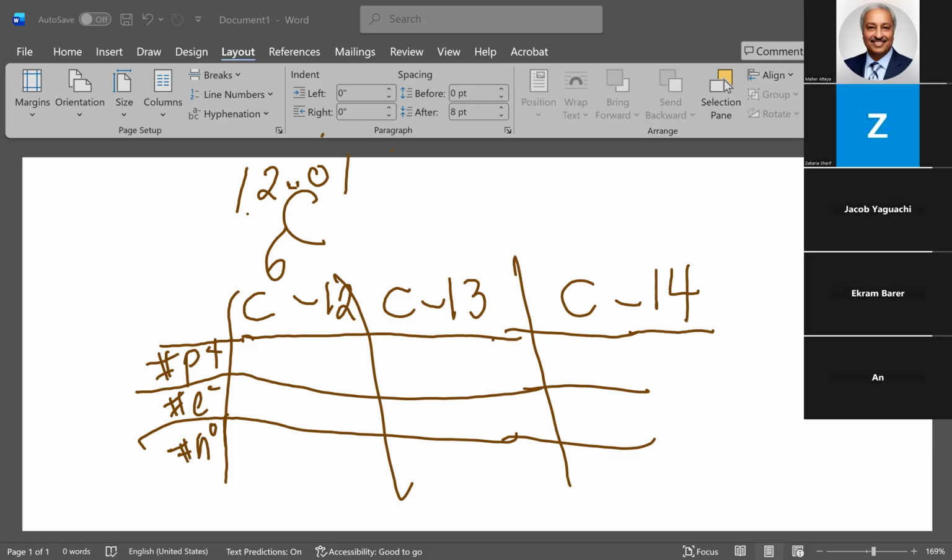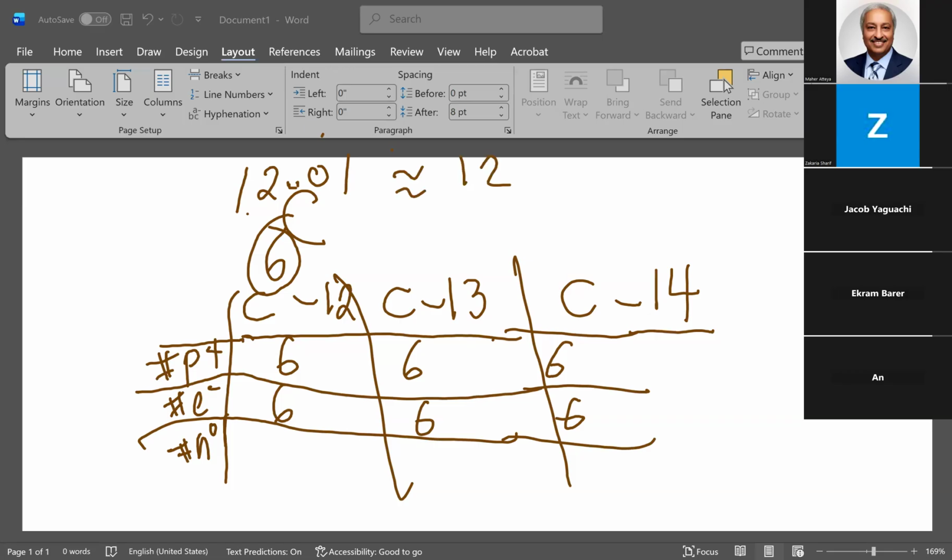So carbon 12, how many protons does it have? Well, the protons is the atomic number, correct? So 6. Since it's neutral, not charged, the electrons are 6. So regardless, all of these have 6 protons, 6 electrons. Now the neutrons is totally different, because we have to round the atomic mass to a whole number, which is 12.